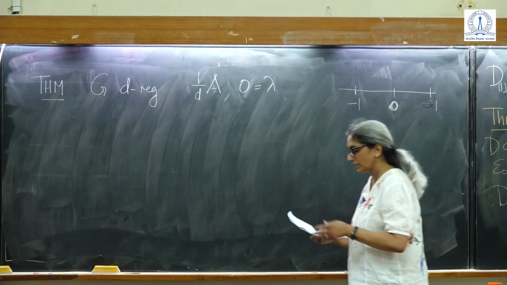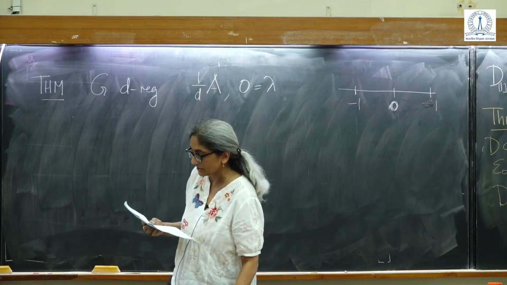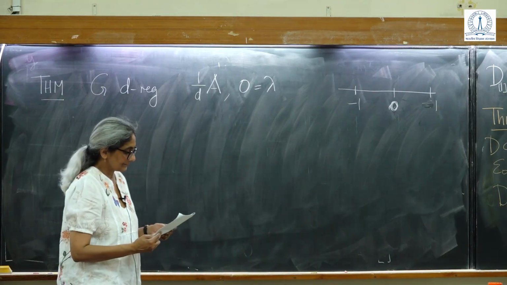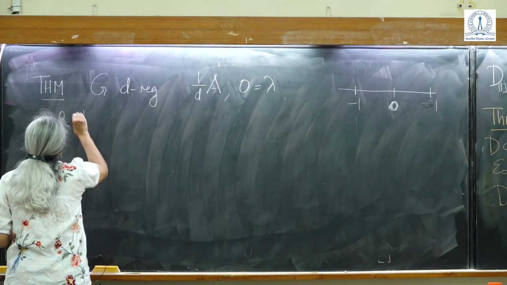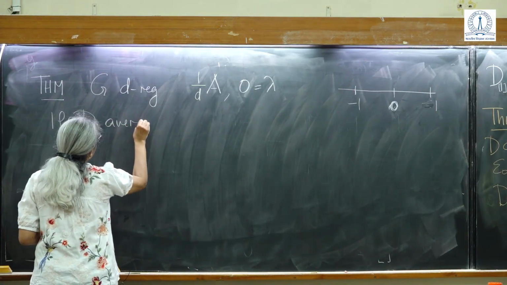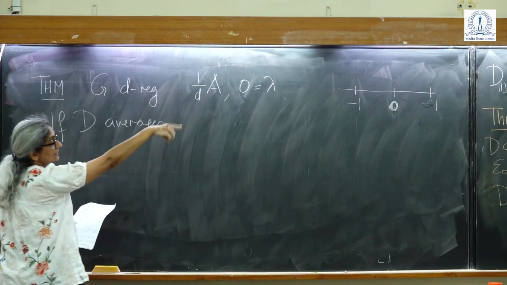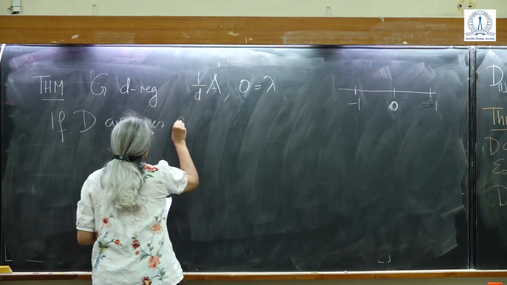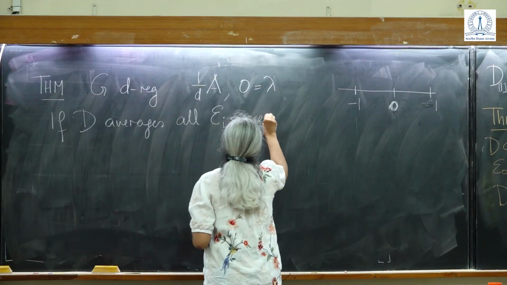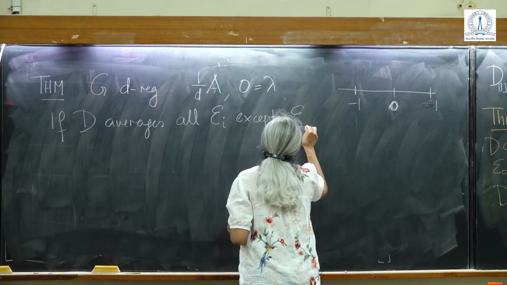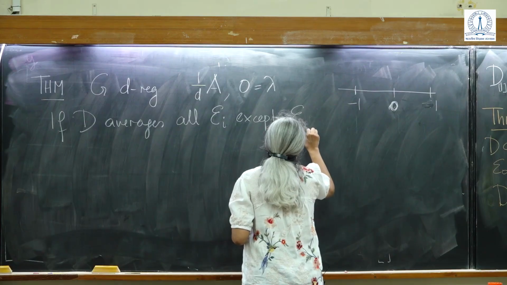And this is just a normalization. You can actually get rid of this. But then, this is the result. If a design averages all eigenspaces except the eigenspace of 0, so all E_i except the eigenspace of lambda equal to 0.